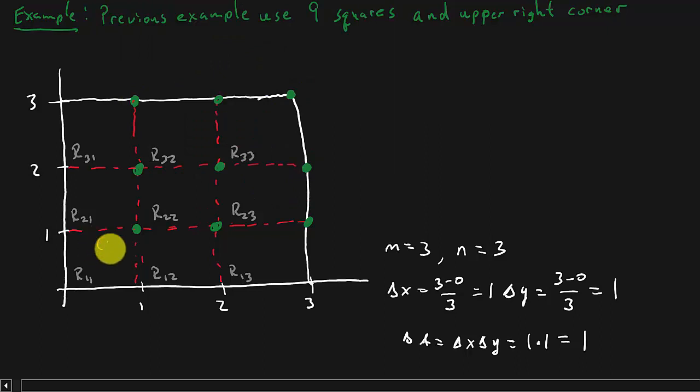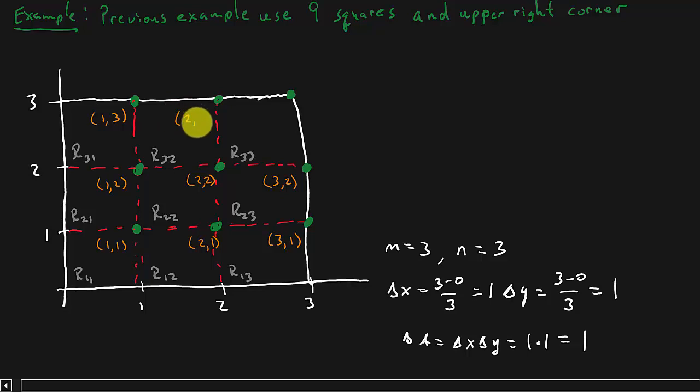So this would be the point 1, 1. This would be the point 2, 1. This would be the point 3, 1. And I'm sorry, this right here would not be 2, 1. It would actually be 1, 2, wouldn't it? All right, and so then this is 1, 3.